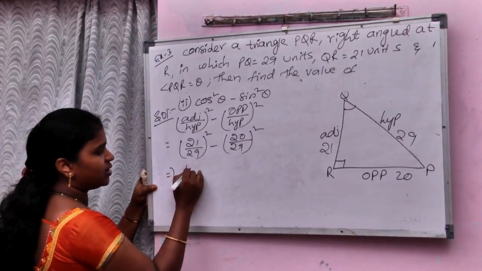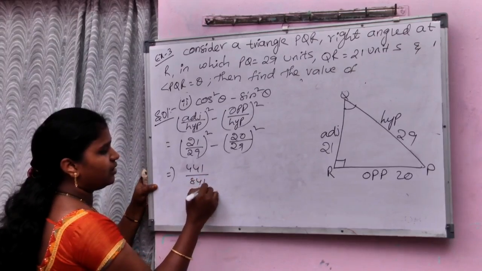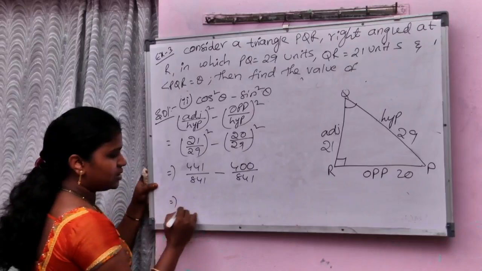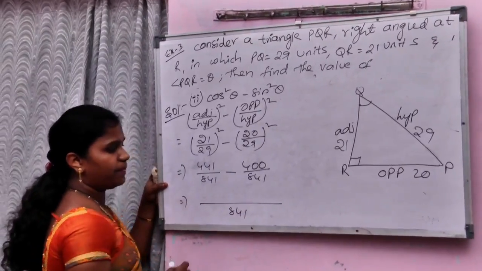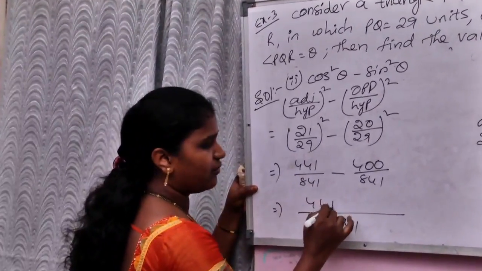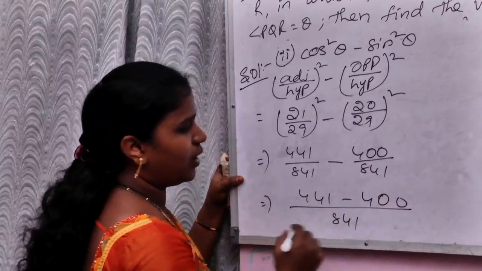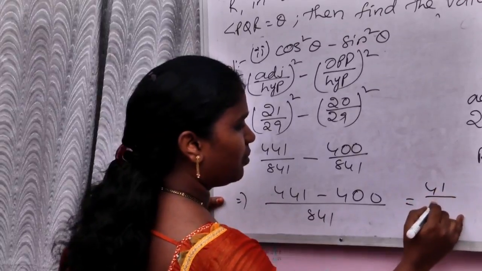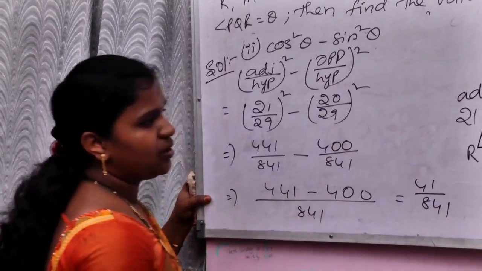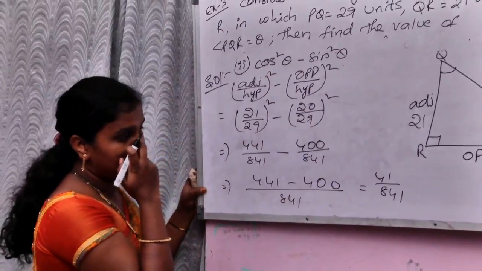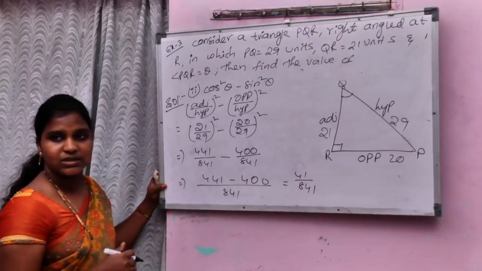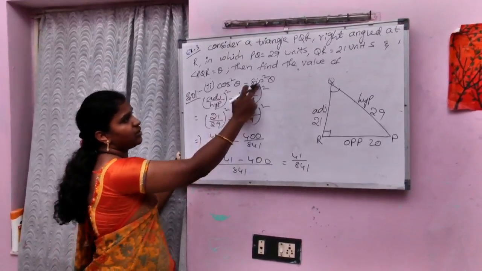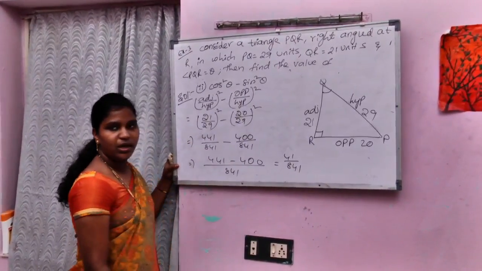So that is 441 by 841 minus 400 by 841. Since the denominators are equal, the LCM will be 841. So 441 minus 400 is nothing but 41 by 841. This is the value of cos square theta minus sin square theta. Before, we got sin square theta plus cos square theta as 1, and now cos square theta minus sin square theta is 41 by 841.